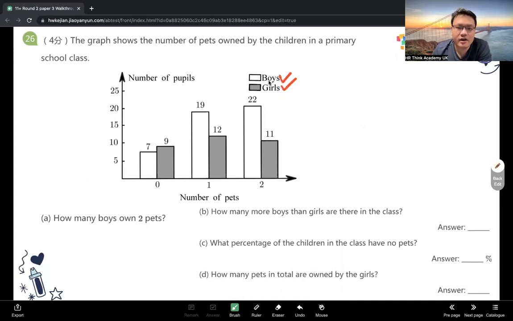The white one represents the boys and the dark one represents the girls. And then you need to take a look at this horizontal axis, and it tells you the number of pets. So you go to 2 pets, and the white one represents the boys, so that will be 22.